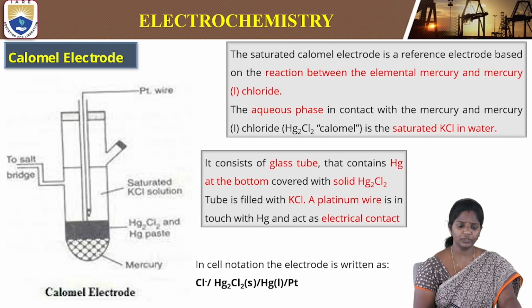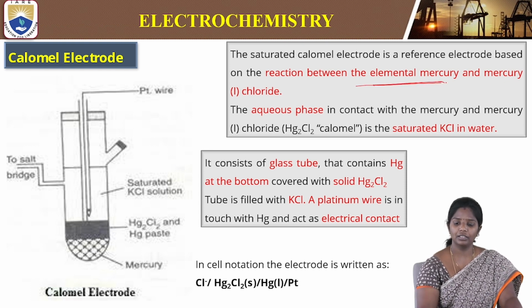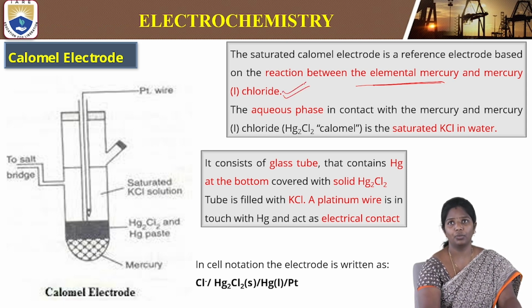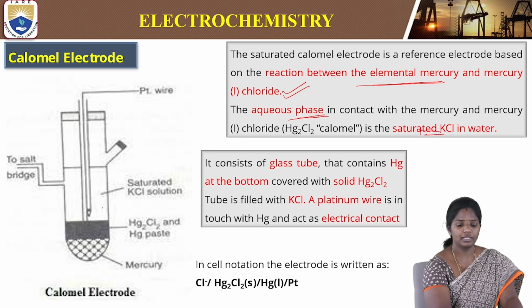The main reaction that takes place in the calomel electrode is between metallic mercury, elemental mercury, and mercury chloride, and the aqueous solution present in the electrode, which is KCl, in contact with the mercury chloride and mercury paste.